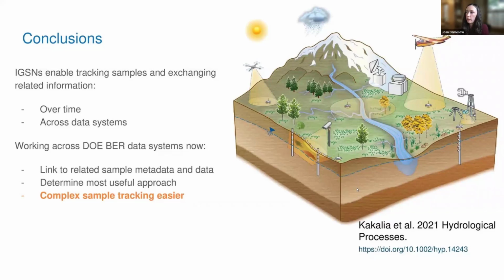We want to go through use cases to determine the most useful approach for this and to come to an agreement there. And the ultimate goal is to really make this complex sample tracking easier for both people who are submitting data and also people who are attempting to use this kind of multidisciplinary data.